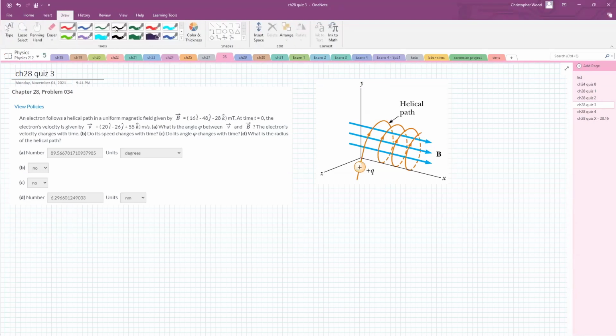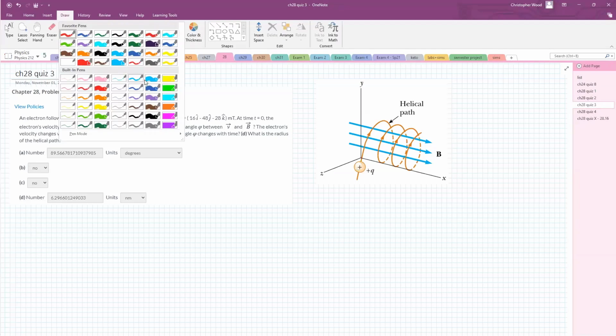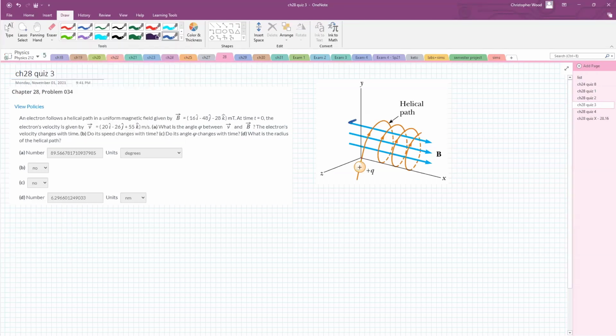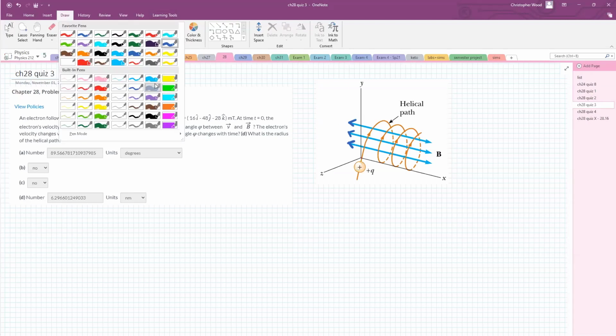Actually, you know what I'm going to do? I'm going to say everything can remain the same, but I'm going to flip the arrowheads for this to be accurate. Okay, so that's the direction. That's the direction. That's the direction. Not this. Actually, I got an even better idea.